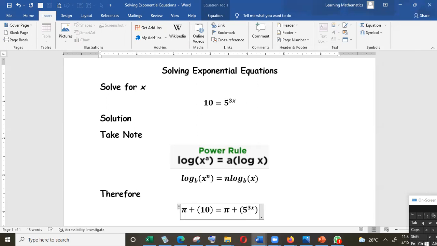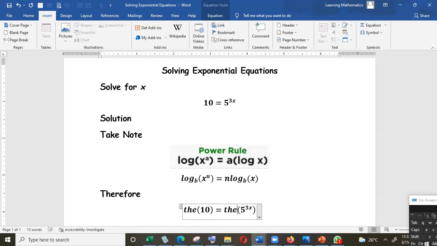And also, if I write THE in front of 10, I have to write THE in front of 5 raised to the 3x. Whatever I do to 10, I have to do it to 5 raised to the 3x.